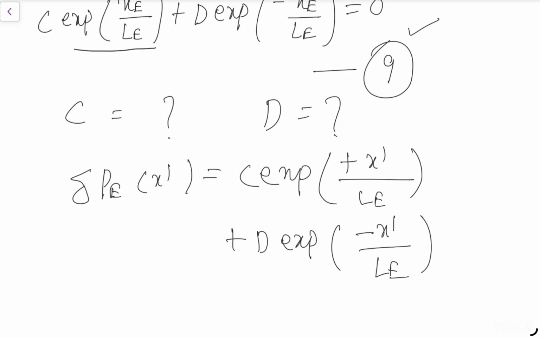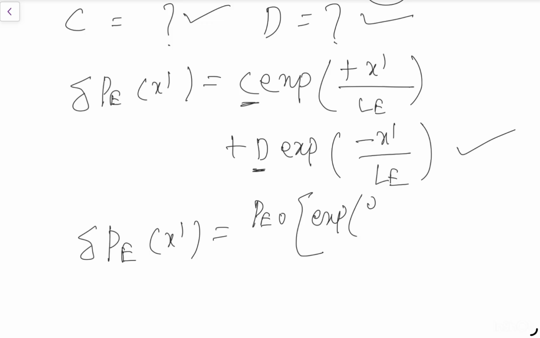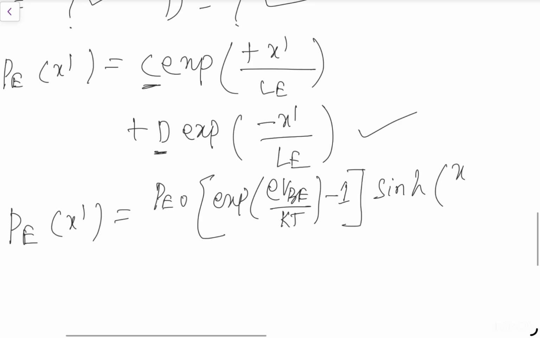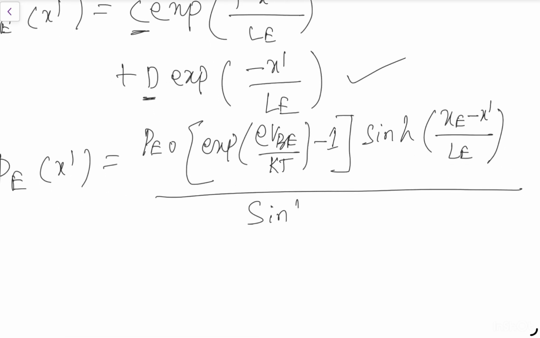Substitute C and D here, and your final value will be something like this: delta P(x') is equal to PE0, refer to the base region minority carrier distribution to see how we have solved this, PE0 times exponential of eVBE divided by kT minus 1, times sinh of (xe minus x') divided by Le, whole divided by sinh of xe divided by Le.